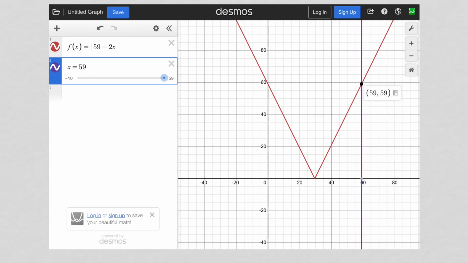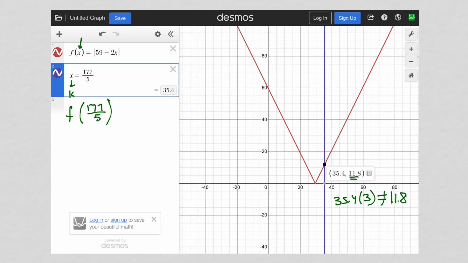And then lastly, if k is 59, again, we're replacing k with x, saying x is 59. When x is 59, in this case, y is also 59, which obviously tells us that 59 is not equal to 3 times 59.